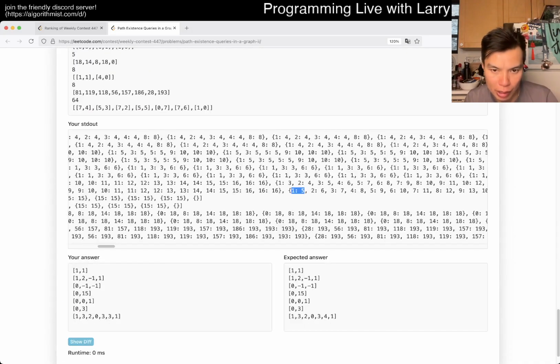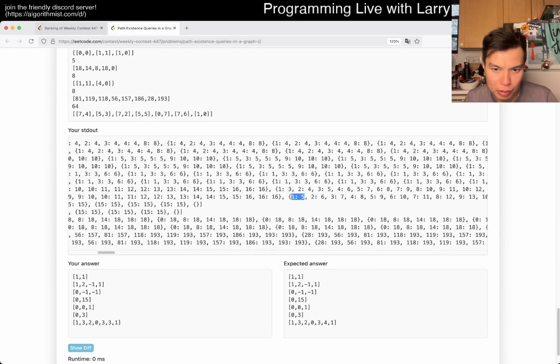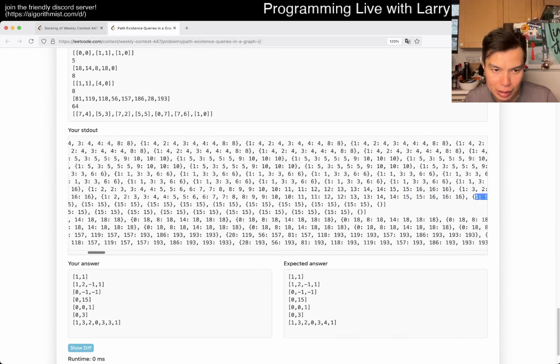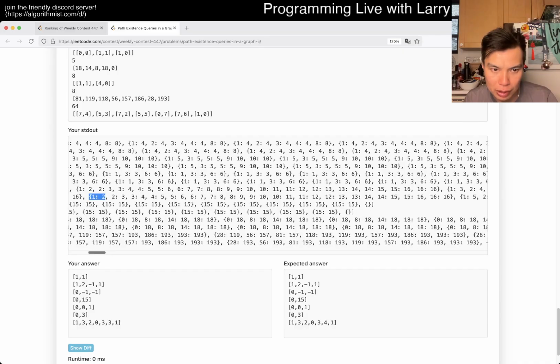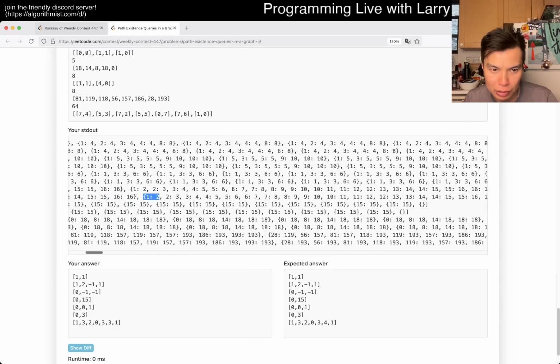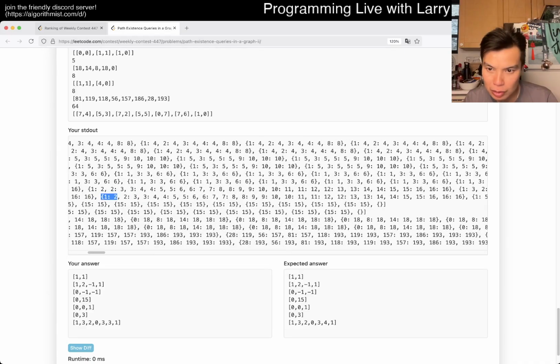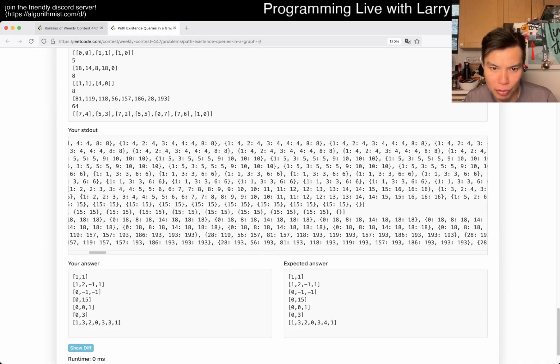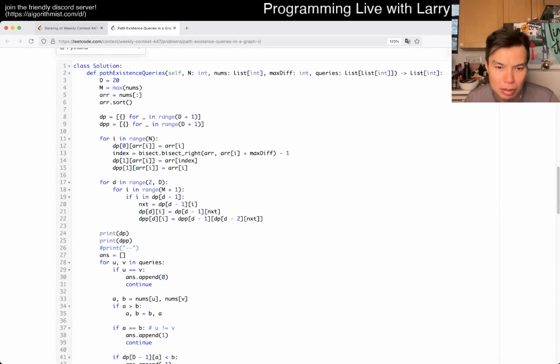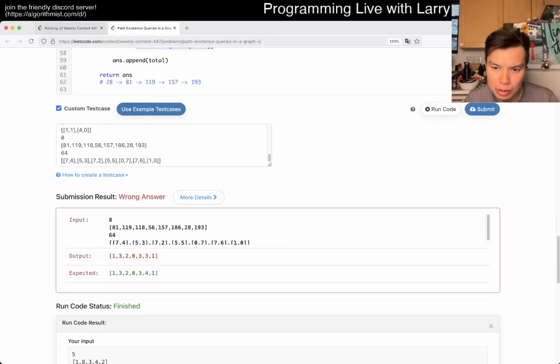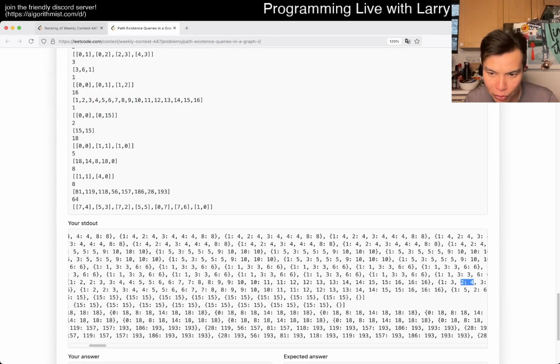So why? The why is because we want to do 1 step plus 2 steps, because we want to do 3 steps, and so that's 2 to the 4. That is weird actually. That should be a 4, because this is a 1 to the 2 and then 2 to the 4.